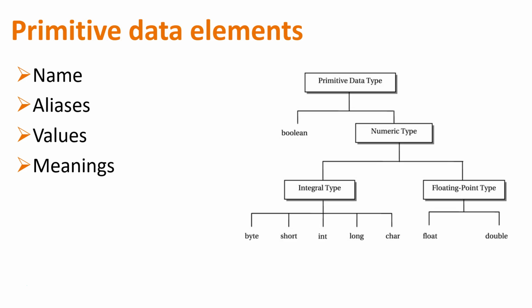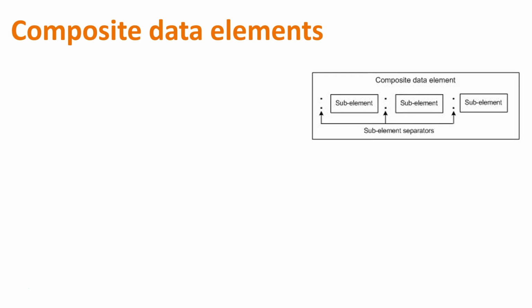What are the aliases? It could just be status. What are the values? It could be submitted, reviewed, approved, denied, things like that, right? What is the meaning of this data element? And what is its descriptor?